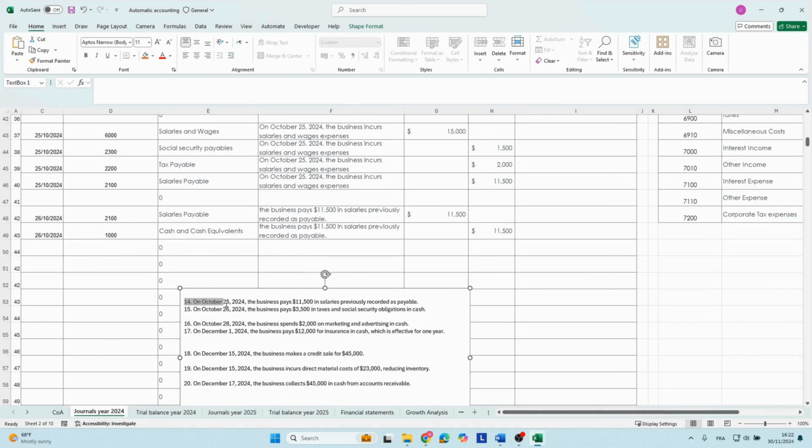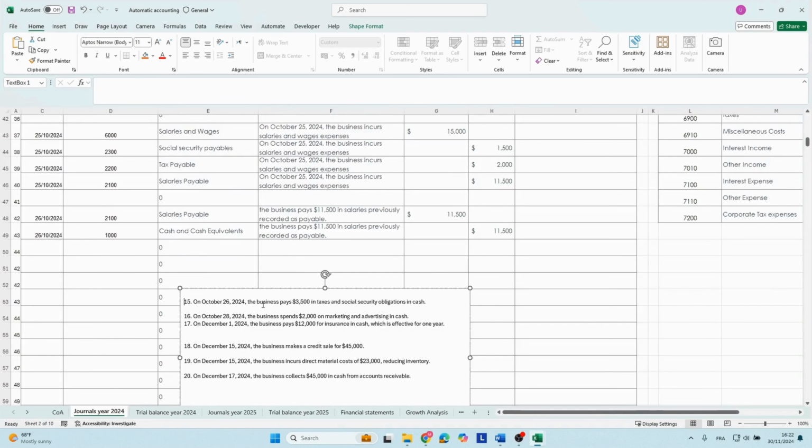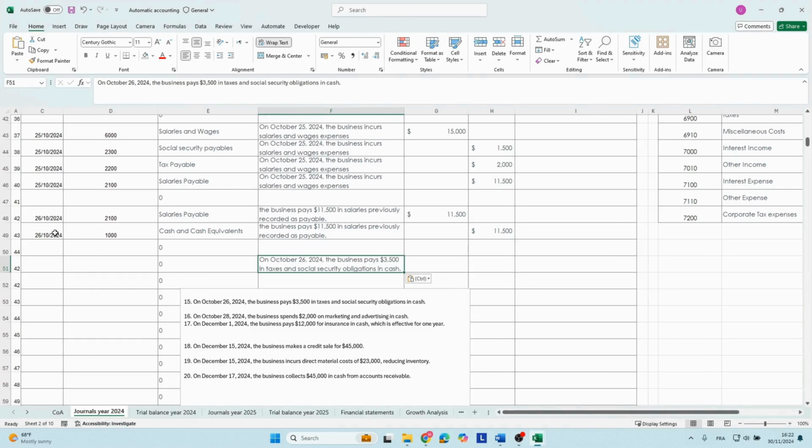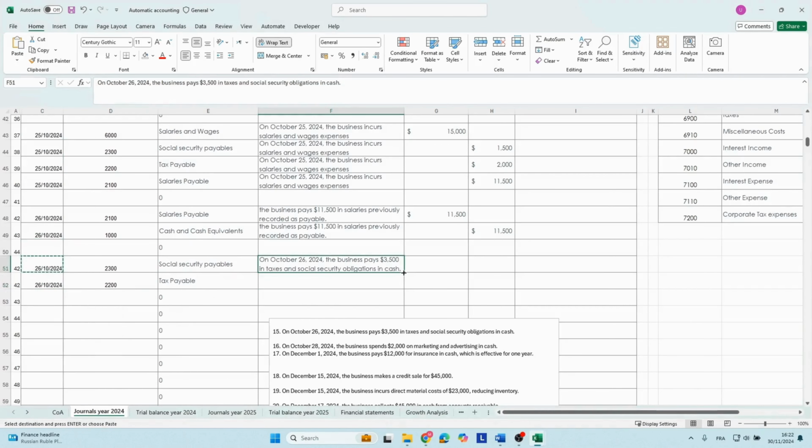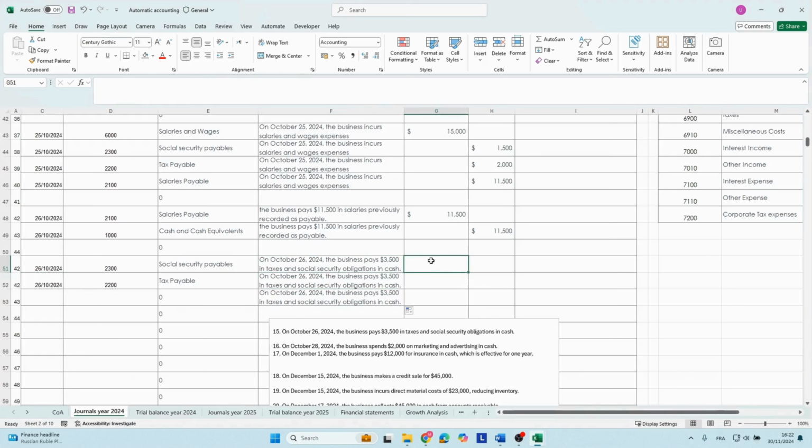So we do the same thing for other taxes that we paid. We consider one transaction, we put the date, and here we paid Social Security and tax both. So we bring automatically those accounts to make it easier. Here is the same description. We put the value for Social Security, 1,500, and for tax payable, which is 2,000.